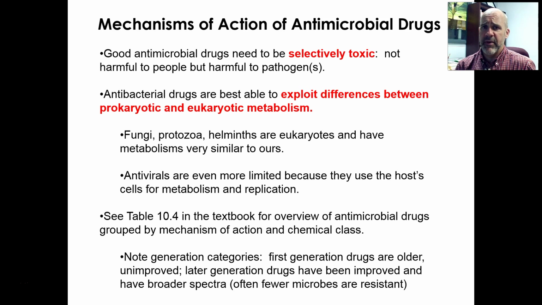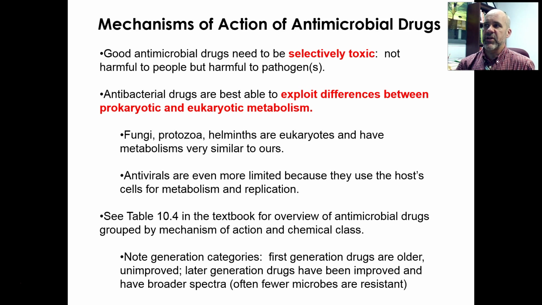All right, so fungi, protozoans, and helminths, they're eukaryotes. That means that their cells operate in a much more similar way. Their metabolisms are much more similar to those of our human cells than would be the case with bacteria. So it's a whole lot more difficult to come up with and find drugs that are selectively toxic for eukaryotic microbes.